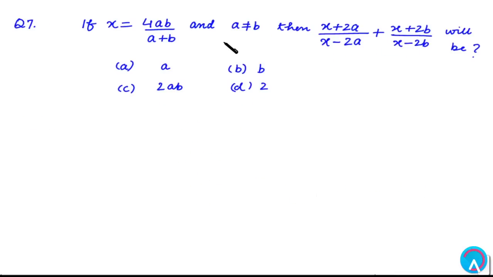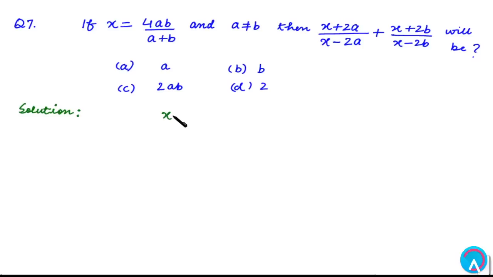According to question number 7, if x is equal to 4ab by a plus b and a is not equal to b, then x plus 2a by x minus 2a plus x plus 2b by x minus 2b will be, these are the options. Let's see which is the correct option. So let's start with what is given here. It is given that x is equal to 4ab by a plus b.